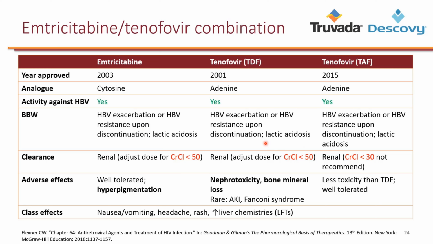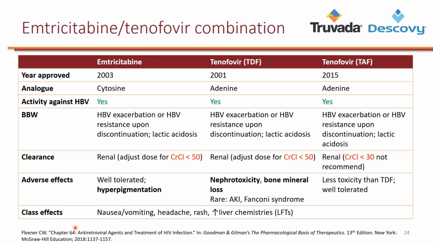And both of them are renally cleared, so creatinine clearance cutoff of 50 for these two. TAF, or tenofovir alafenamide, is a newer formulation of tenofovir, which actually has a lower creatinine clearance cutoff, so you can actually still use it in some patients with CKD.